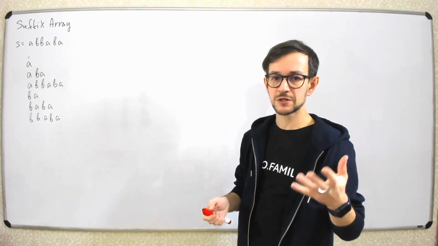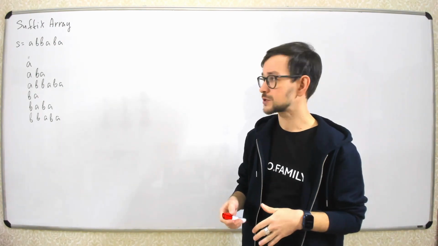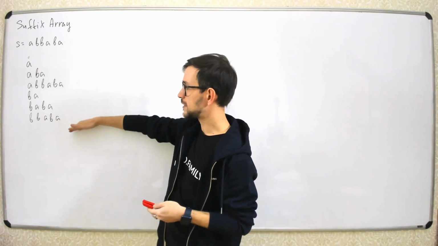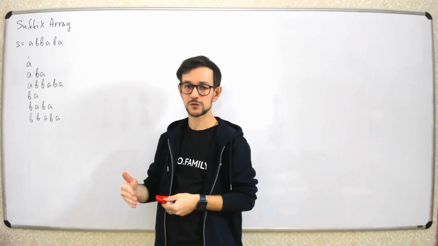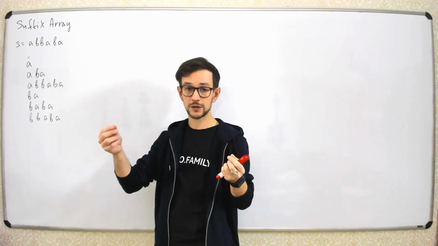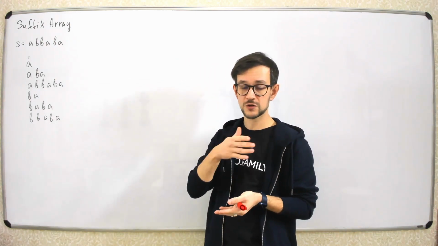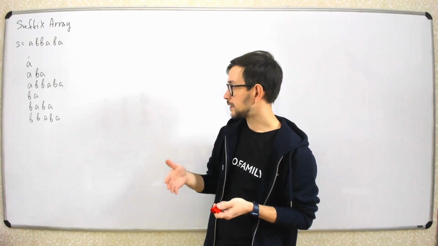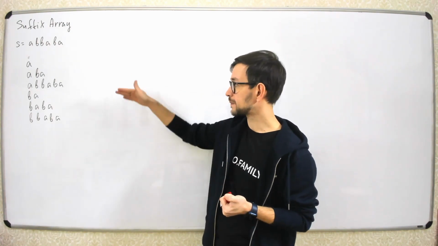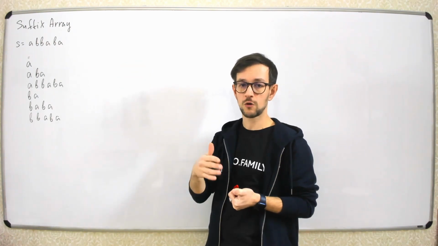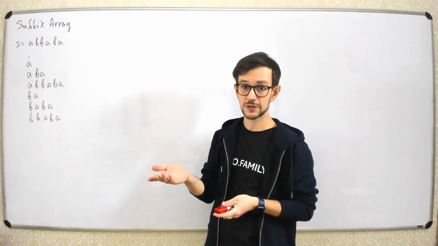So first of all, how to store the suffix arrays? You don't want to store suffix arrays as an array of strings, because the total size of all these strings is n squared basically. It's the sum of all i from 1 to n. So the total length is n squared, and that's too much. So instead of storing all the suffixes, we want to store only the indices of these suffixes.